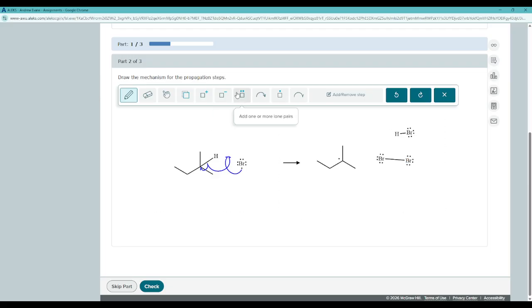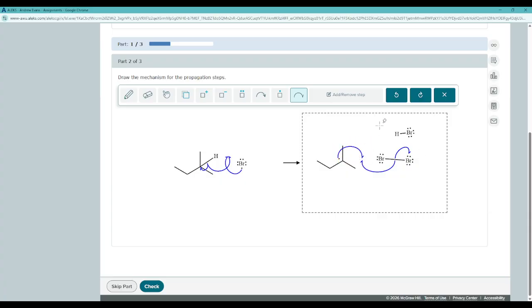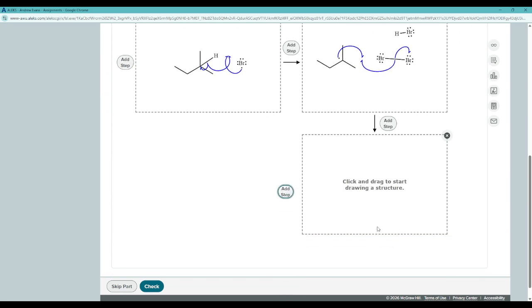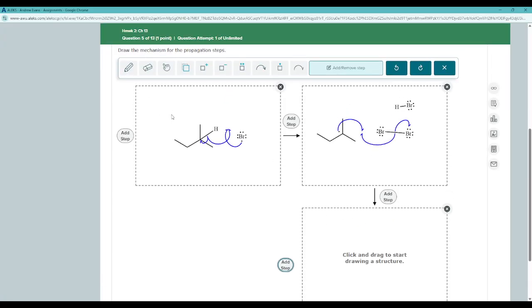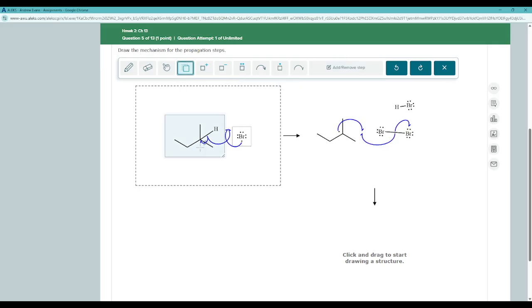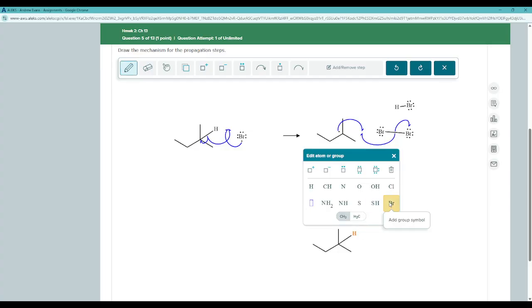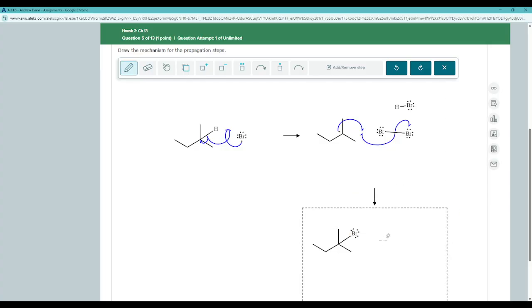And now we're going to propagate. Once again, we need 3 arrows. One's going to here, one is going to meet in space, and one of those is going to meet in space. Then I just show the product. I copy this molecule down once again, except now I replace the H with my Br, and I need a Br radical.